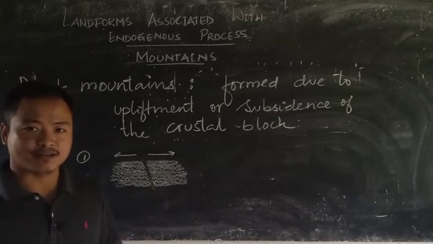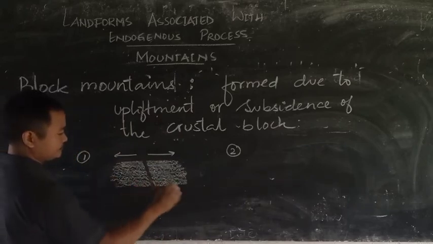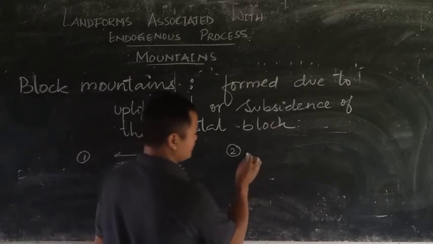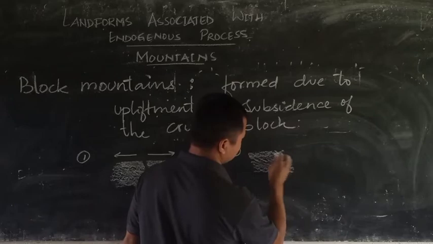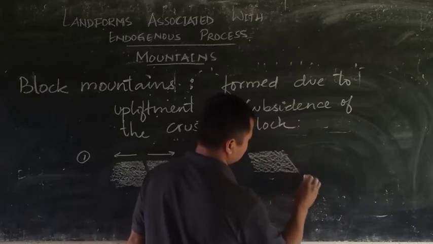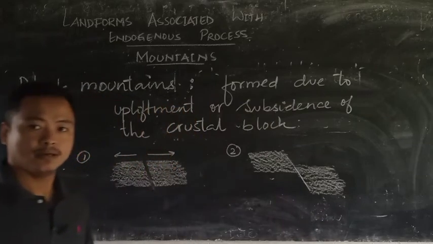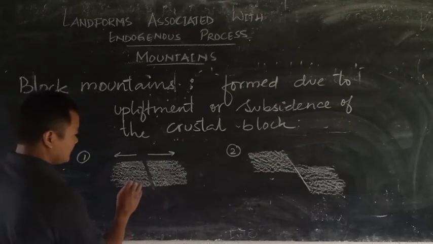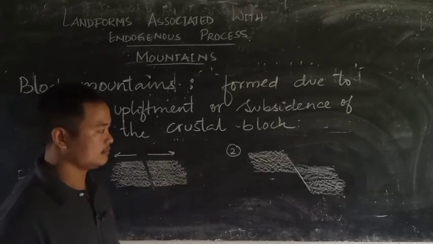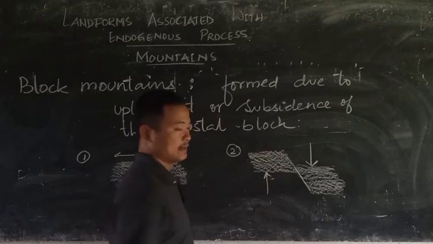So with the occurrence of the crack, these blocks of land, with the fault occurring on this land surface, this crustal block now either gets subsided or is uplifted.